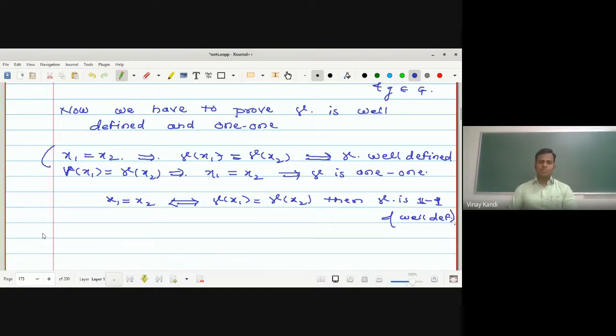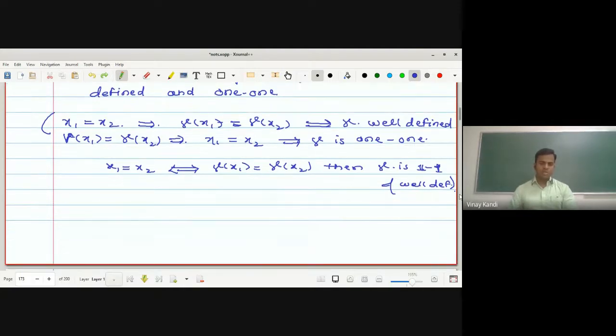Okay, how to prove the one-oneness and well defined? If x1 is equal to x2, it implies and implied. Okay, if this statement is true, then this will be true. If this one is true, x1 is equal to x2, then gamma function is 1-1 and well defined. Okay.